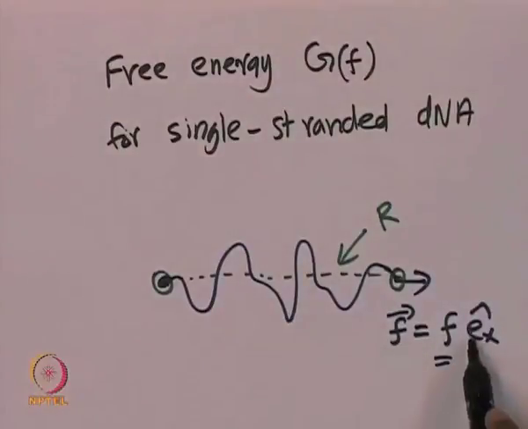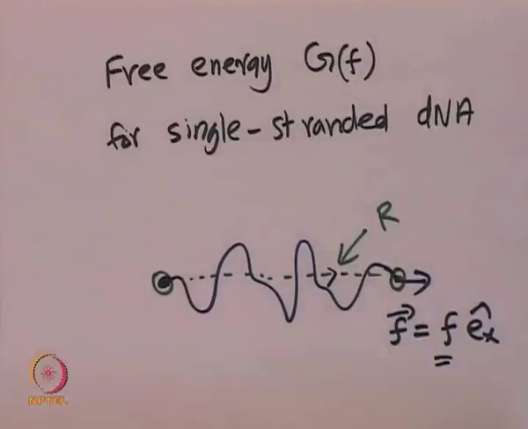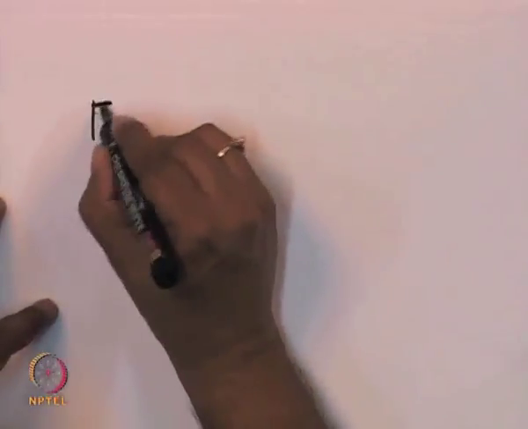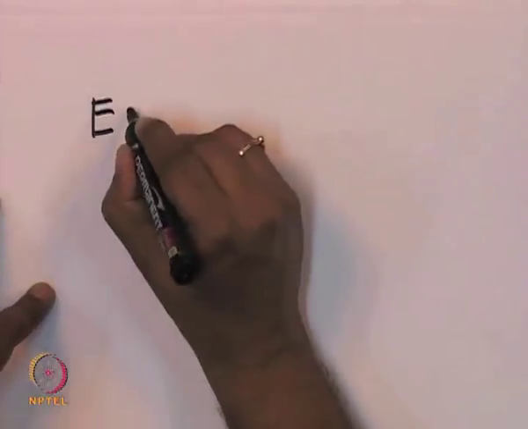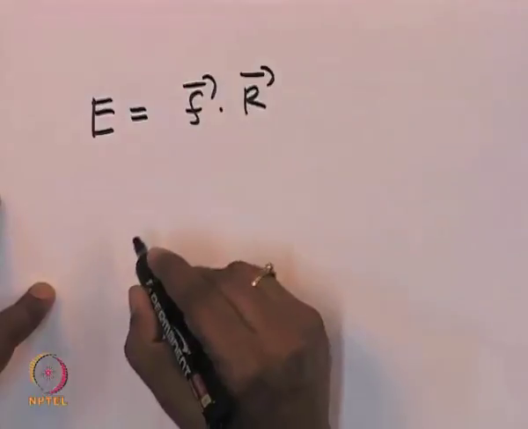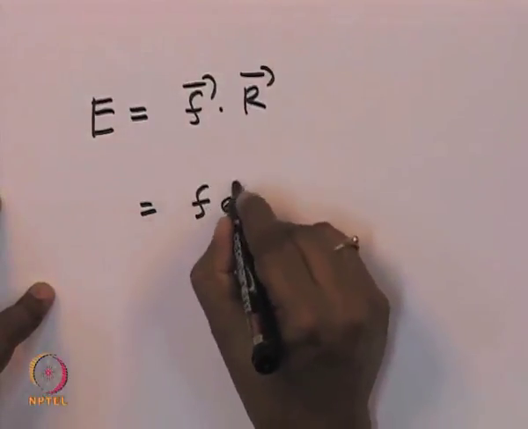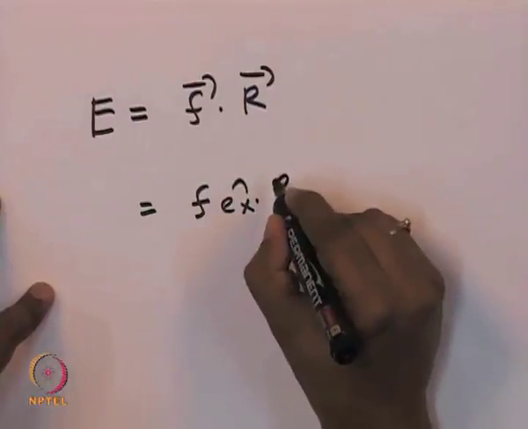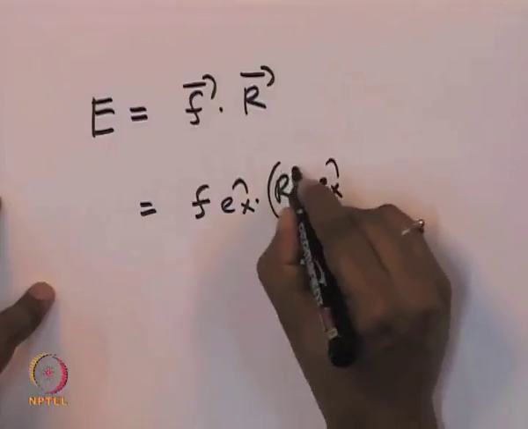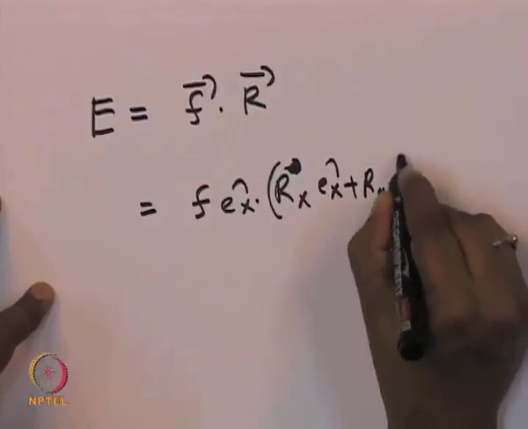I said that the force is in the x direction and r is a vector in this direction. So, the energy for pulling is basically force times the distance r. This is basically F e_x dot r. r can be thought of as r_x e_x plus r_y e_y plus r_z e_z.